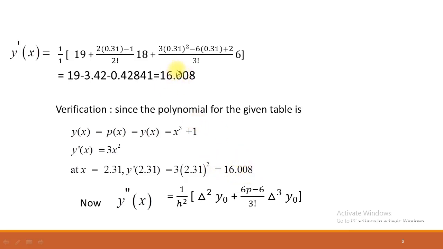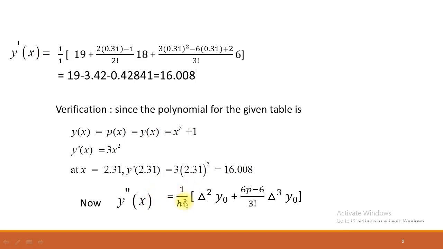Since the approximate derivative of the function at x equal to 2.31 is 16.008, and the exact derivative of the function is also 16.008, there is no error, there is no difference. So our approximate derivative of the function at x equal to 2.31 is correct.